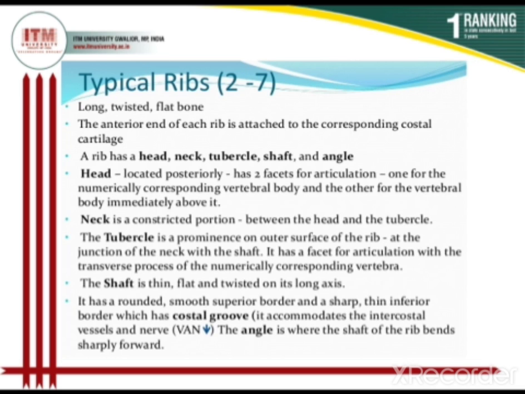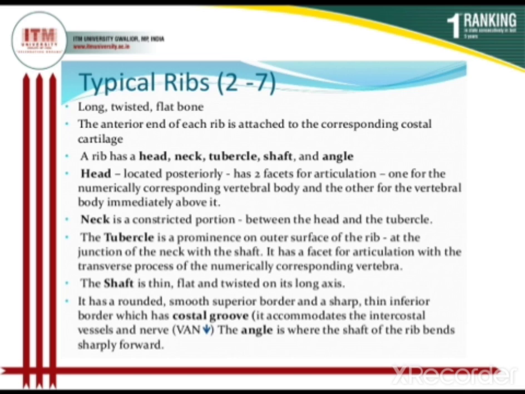Now, typical ribs are from 2 to 7. They are long, twisted flat bones. The anterior end of each rib is attached to the corresponding costal cartilage. A rib has a head, neck, tubercle, shaft and angle.